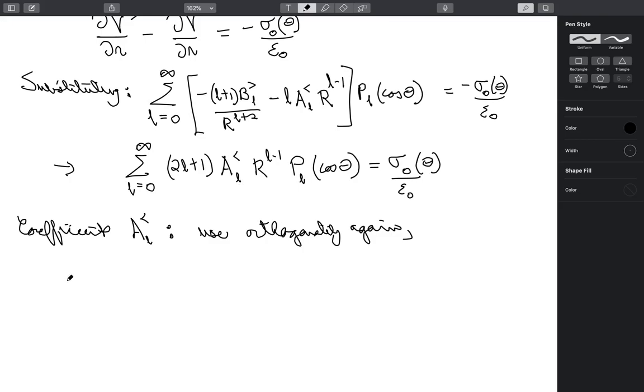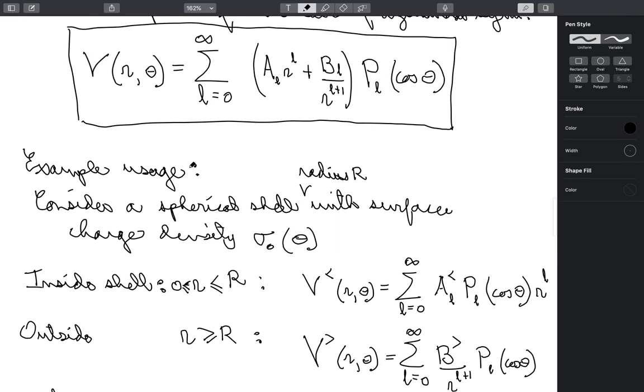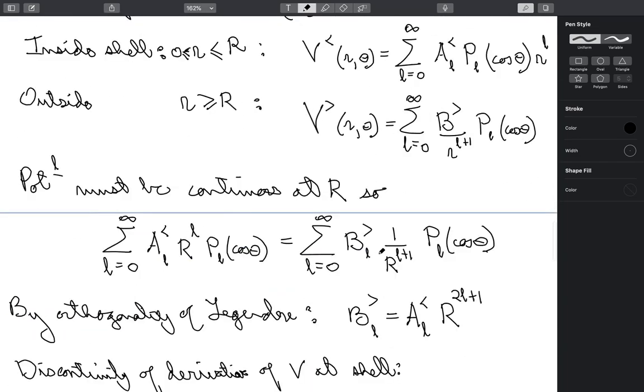Okay, so what that means is, you can just write it straight out. A sub L is just going to be, so there's the epsilon 0 here, and the 2L plus 1 here is going to be absorbed by the 2L plus 1 here. When I do the orthogonality relation, there's a 2 left over.